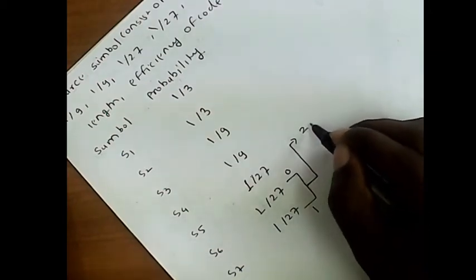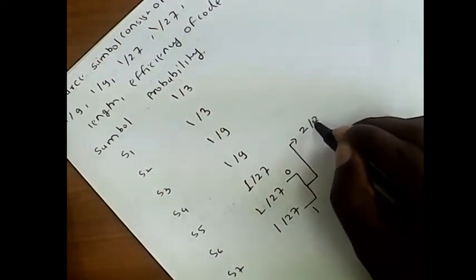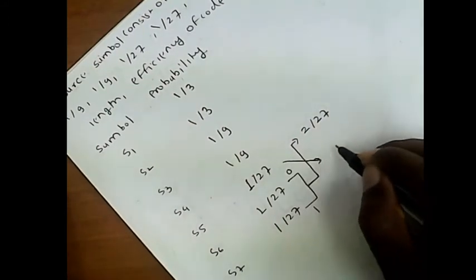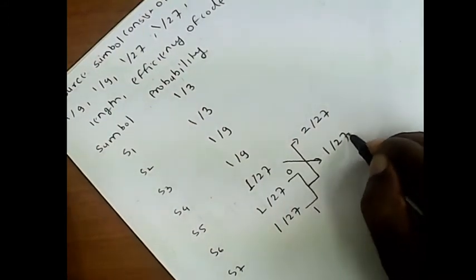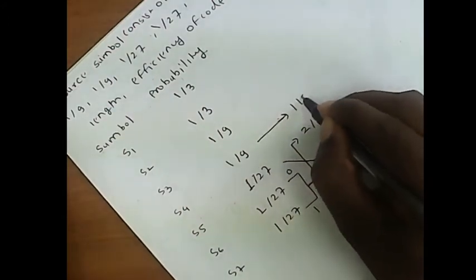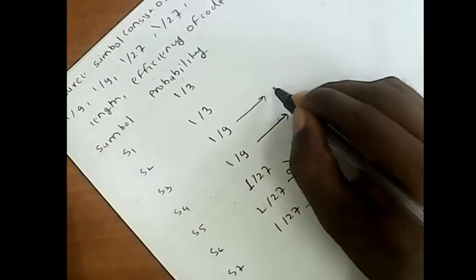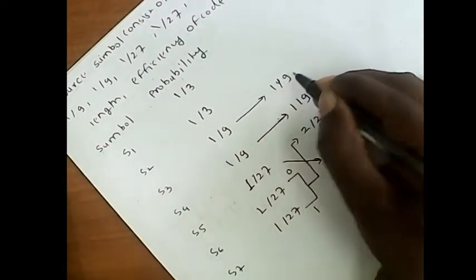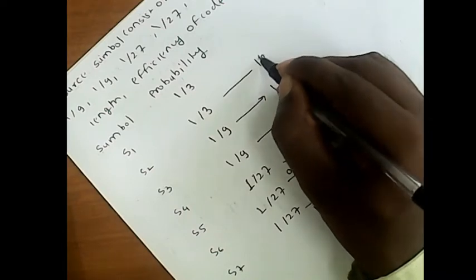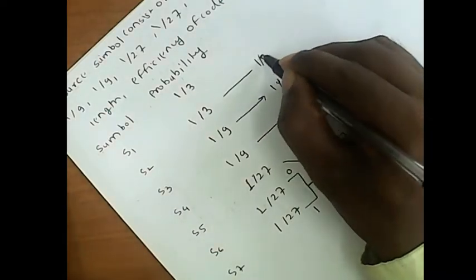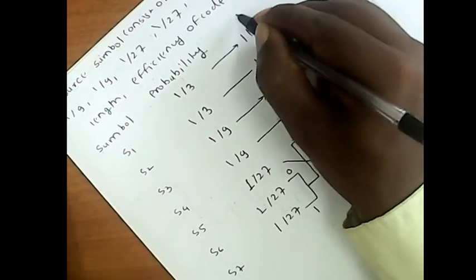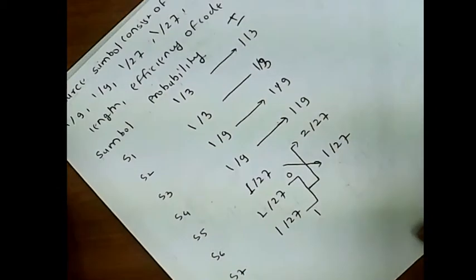So that is 2/27, then 1/27. The remaining probabilities are as they are: 1/9, 1/9, 1/9, 1/3 and 1/3. So this is the first reduction step.